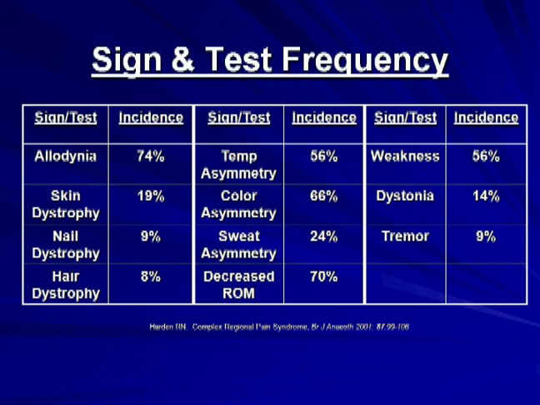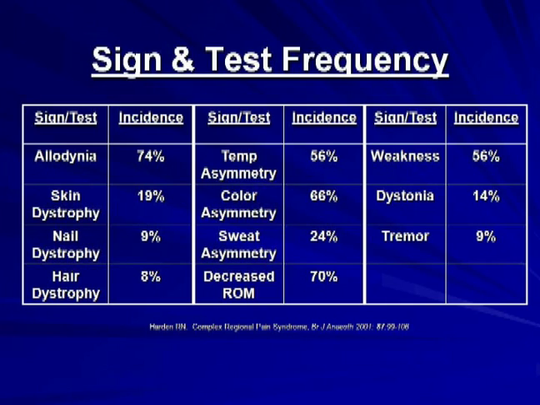Sign and test frequency. Again, when you look for signs and you test for some of these signs that are listed here, you won't find 100%. Some patients will not even have allodynia. Not every patient will have allodynia.